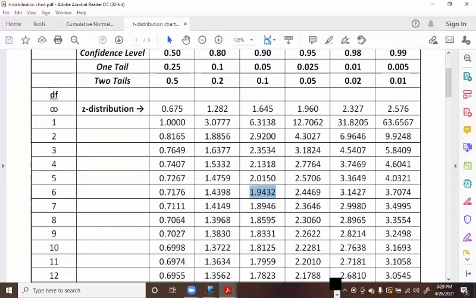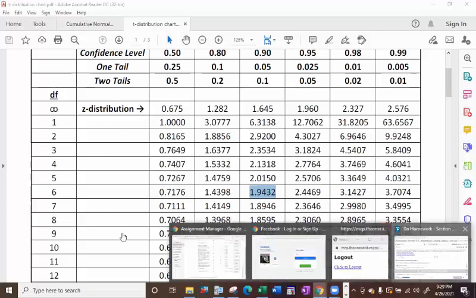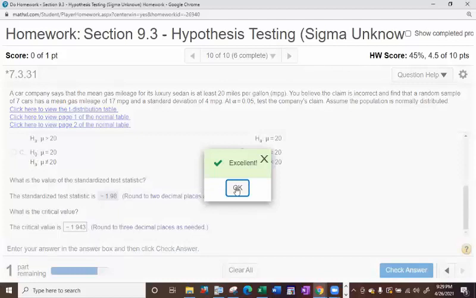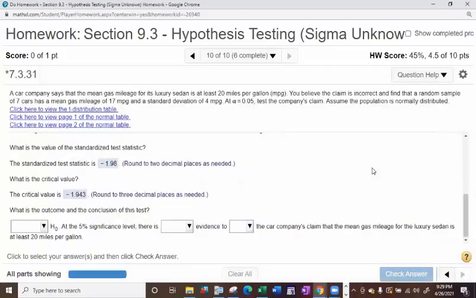Negative 1.943. Excellent. Ooh, these numbers are close, aren't they? Like I said, we can use the p-value if you want to instead.